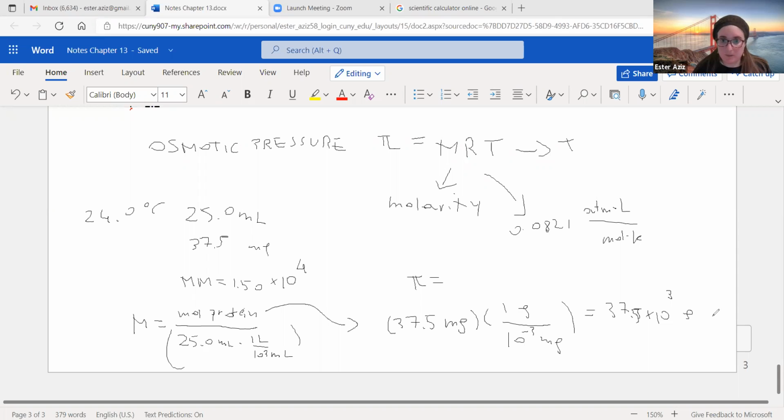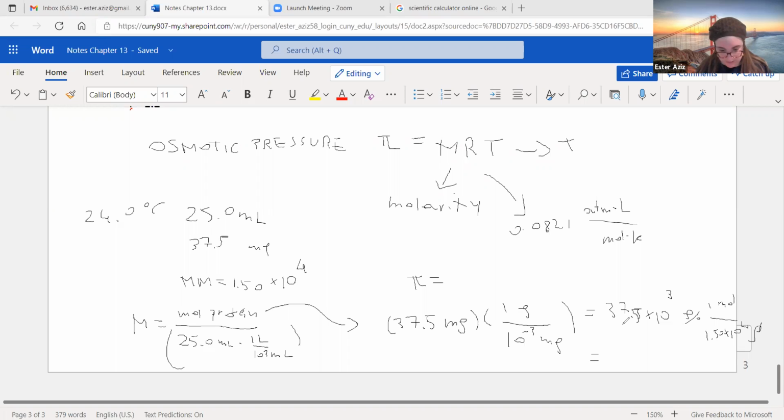Now we can use the molar mass to find the moles. So 1 mole per the molar mass, which the problem said was 1.50 times 10 to the fourth grams. Grams cancel out, and you have the number of moles.